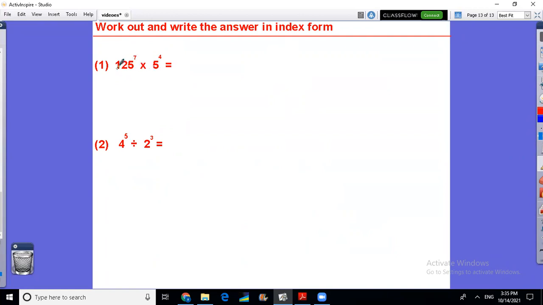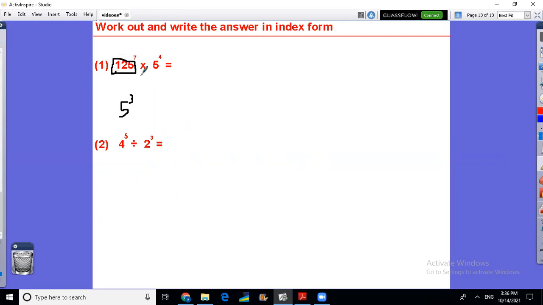First thing, I want to make the 125 as a power of 5. So what is 125 as a power of 5? You're going to find 5 times 5 is 25. Times 5 is 125. So it's 5 cubed. 125, only 125 is 5 cubed.